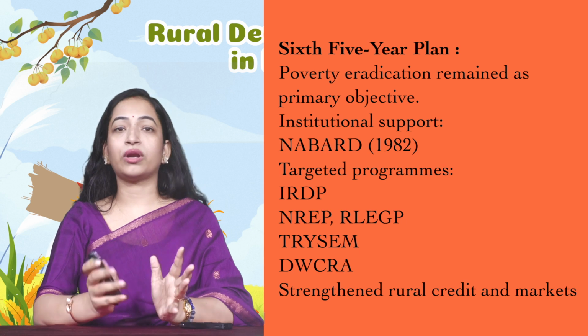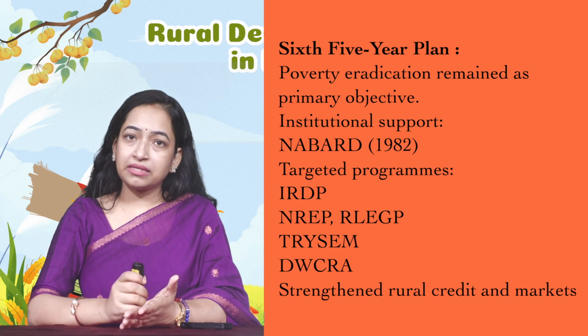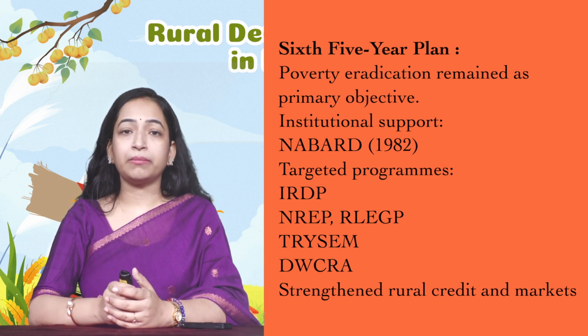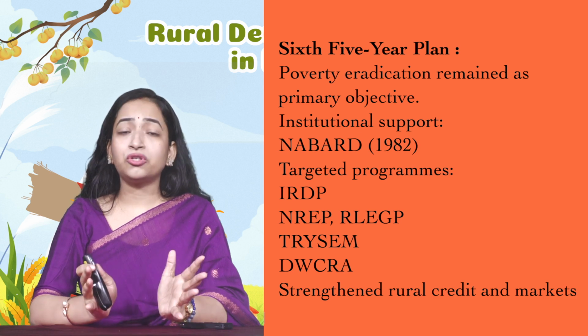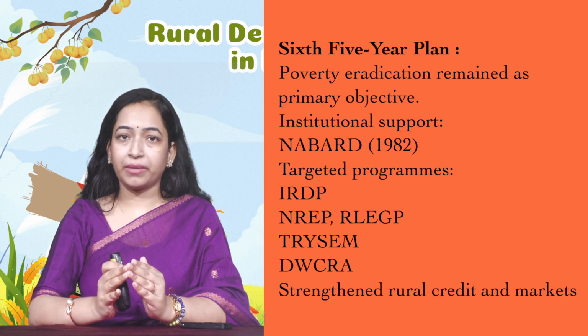These were some of the programs taken for rural development. And alongside these, the plan also reinforced the Minimum Needs Program and various area development initiatives. So taken together, these measures reflect a robust commitment to rural development, employment generation, and poverty alleviation.